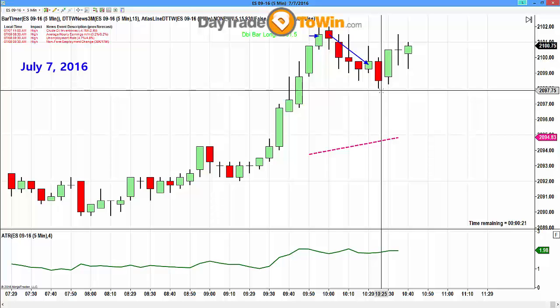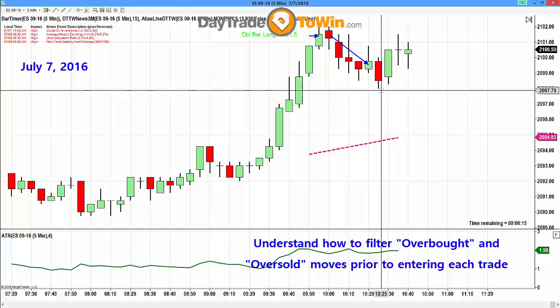Well, what I teach when you attend the training for the Atlas line, or for those of you who have the Atlas line here in the room, is that even though the signal is telling you to go long, let's make sure first that it isn't overbought or oversold, or there's nothing here that will stop me from taking the trade.